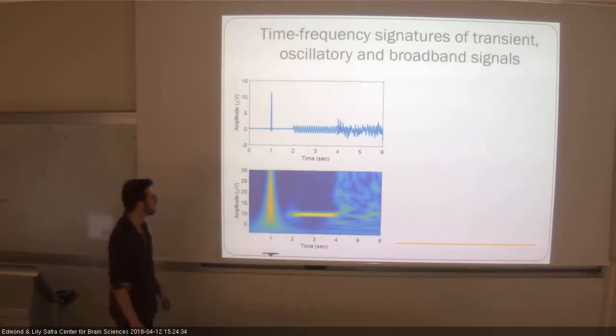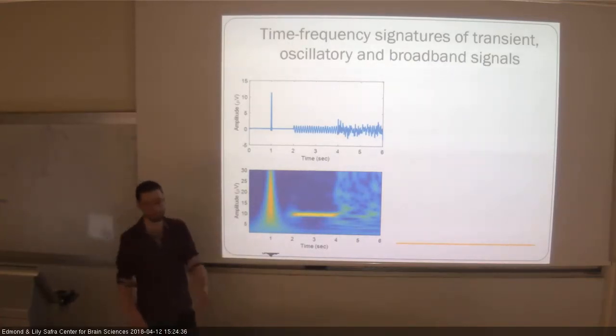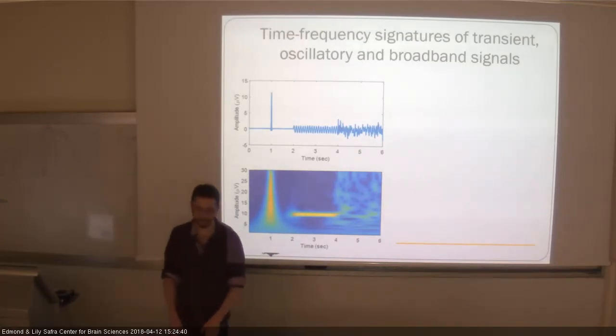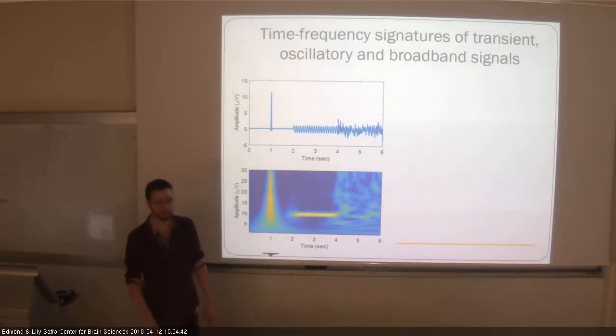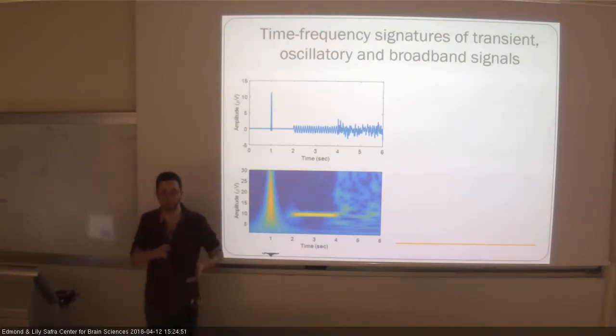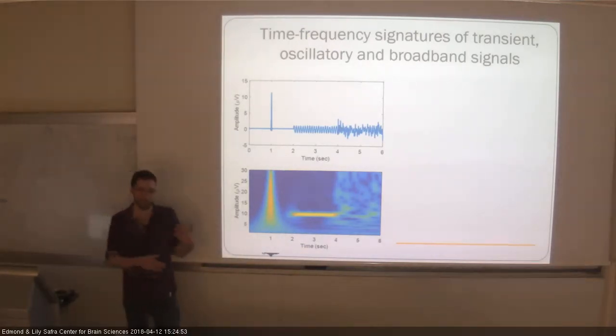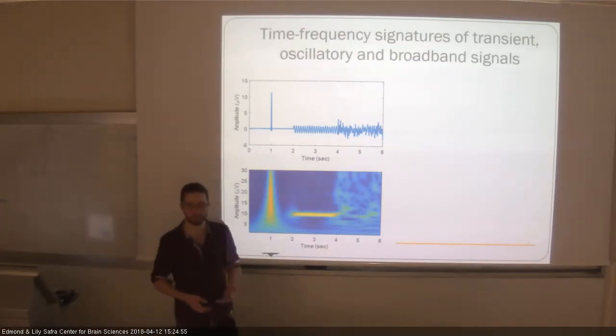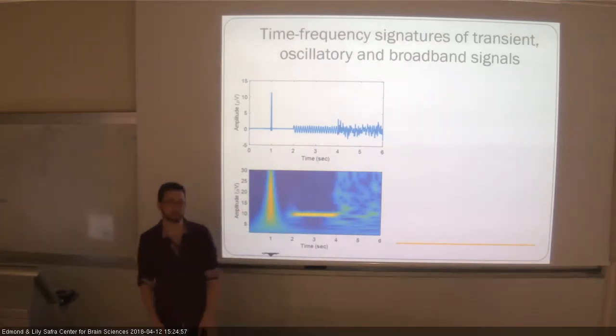But there are some things that you could say, okay, yes, this is an oscillation, and the alpha rhythm is one of them. When you record EEG, you can actually see this sinusoidal behavior of the local field potential, which is narrow band, and it looks like an oscillation, so it's an oscillation.